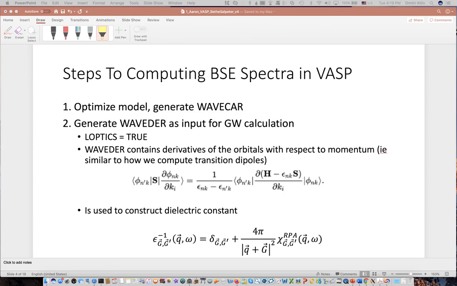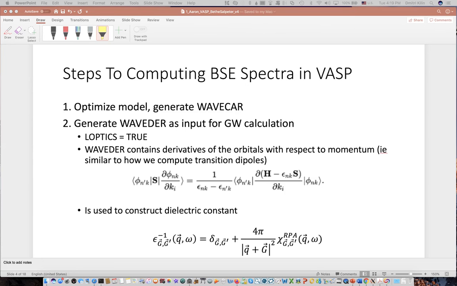And so then this wave_dir file is used to construct the dielectric constant, and that's used in the GW calculation. All you have to do is make a subdirectory and do a single point calculation in your INCAR with LOPTICS equals true.